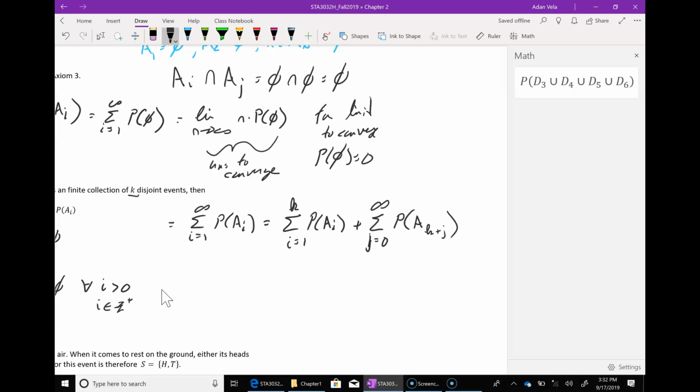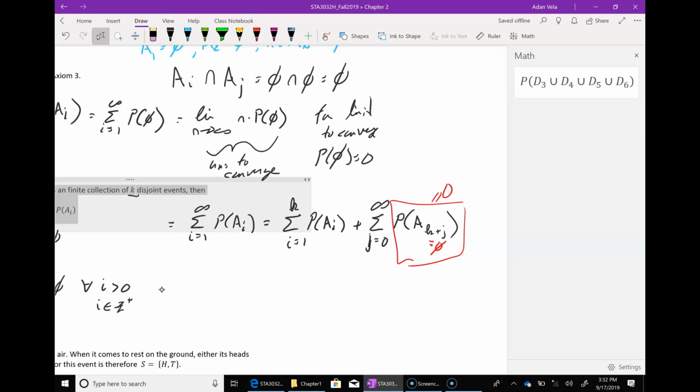Now we know each one of these AK plus J's, so everything beyond the kth set, is just equal to phi. So the probability of this thing is equal to 0. And if we take the sum of 0, then we're just left with 0.